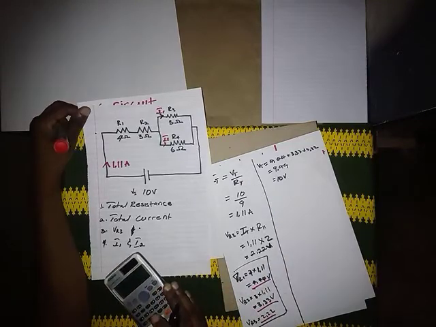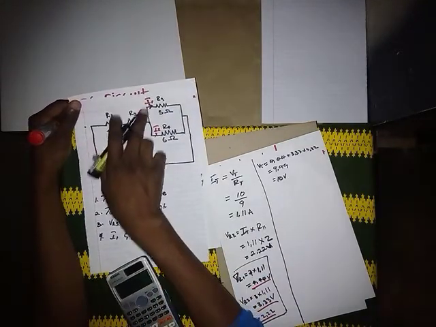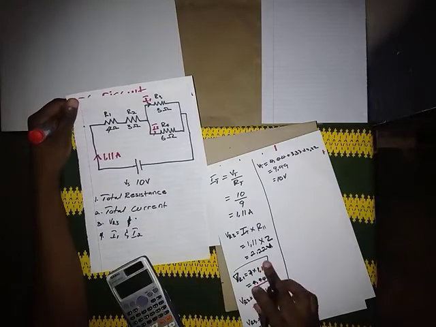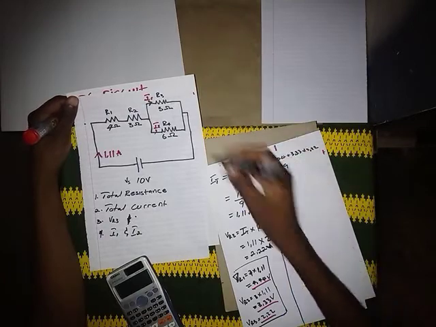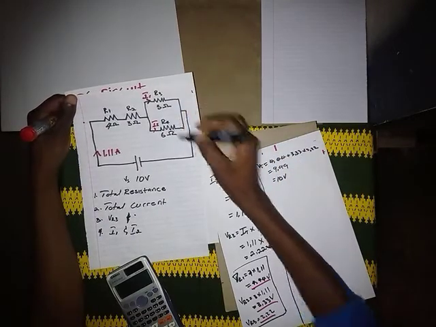Now, if you are to calculate your I1 and your I2, you've already calculated the voltage that is on R3. We know the voltage here is the same as the voltage here.